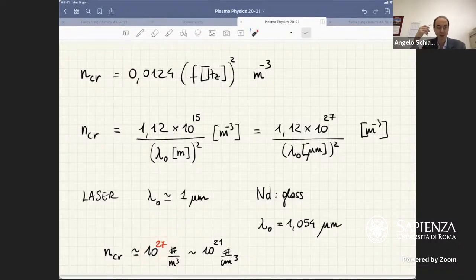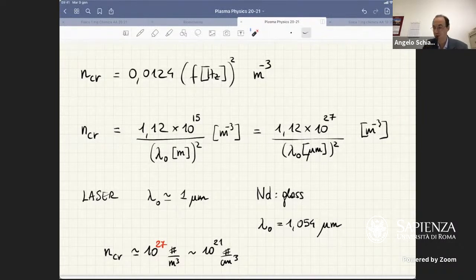So optical radiation can go through a magnetic confinement fusion plasma, like a tokamak plasma, whereas in inertial confinement fusion the typical density is in excess of 10 to the 30 particles per cubic meter, and you see that in inertial confinement fusion we can propagate the laser from outside up to the critical density only.